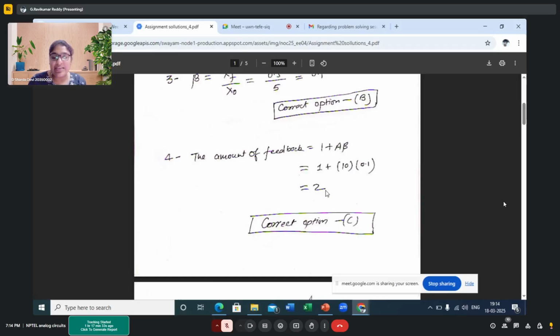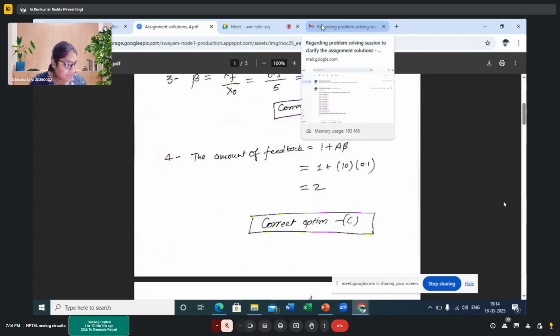So it is unitless, and A is also unitless. That's why 2 is a factor. So this is the feedback factor actually. Amount of feedback, this nomenclature is a little new to me also, but this is known as feedback factor for sure.